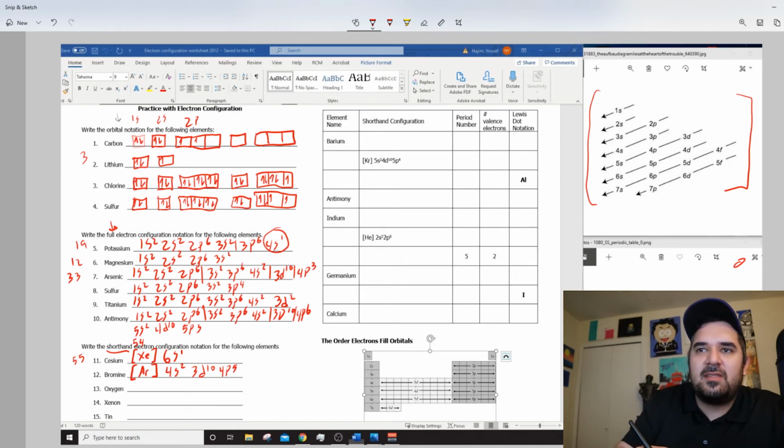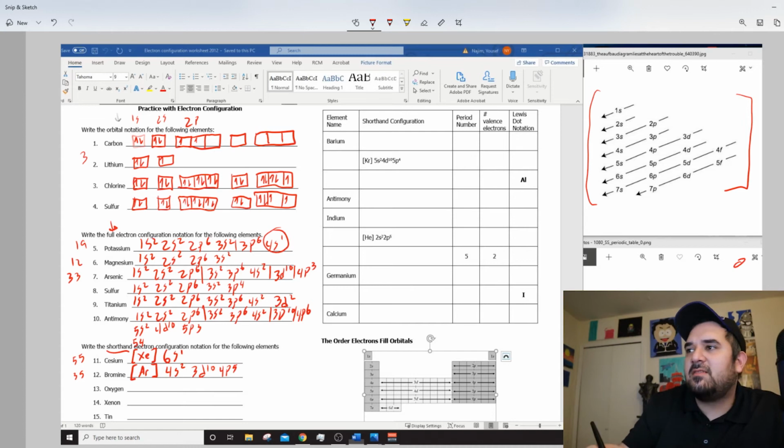Just to be sure, let's count up our electrons. Argon has 18. So 18 plus 2, that's 20. Plus 10, that's 30. Plus 5, that's 35. Bromine has 35 electrons, which is what we needed. So there you go.